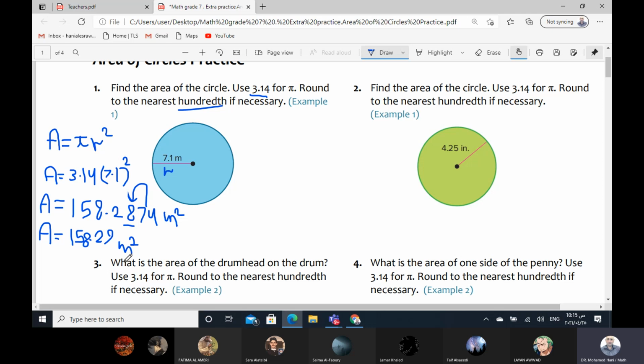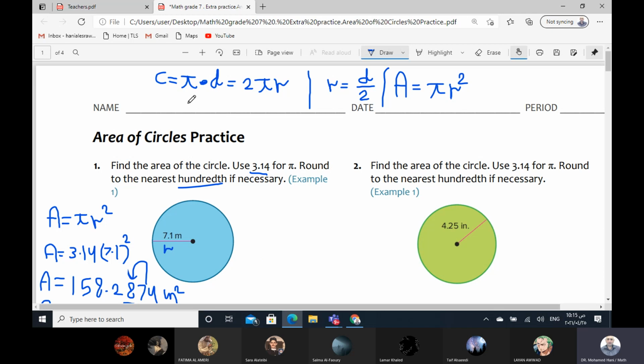If I want to add a question here, if I want to find the circumference, start from the formula. Do I use the first formula or the second formula? Here I have r, so I can use directly the second formula.